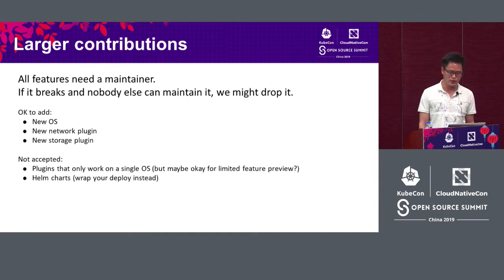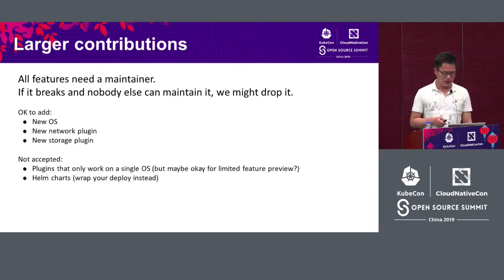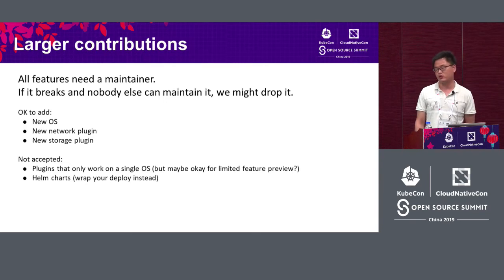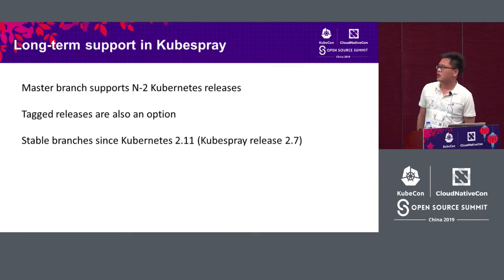It's impossible. So now Kubespray is more about lifecycle management. And if you submit a feature, for example, a network plugin, then you can add your name to it and you maintain it. If nobody maintains it, and if it's faulty, then we may remove it.